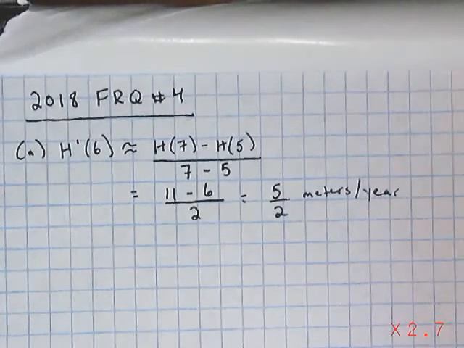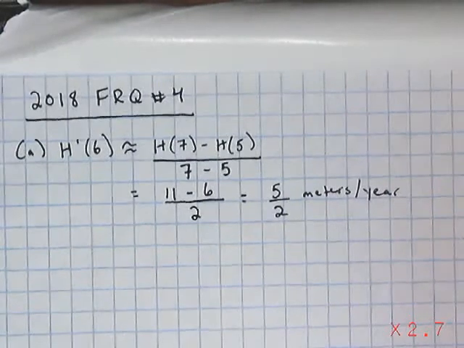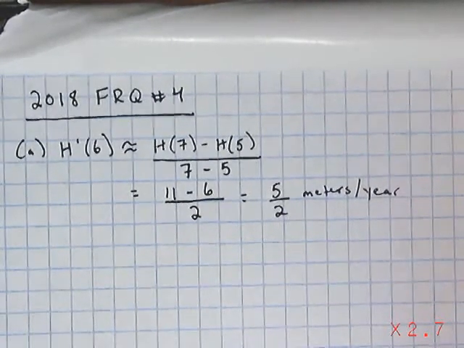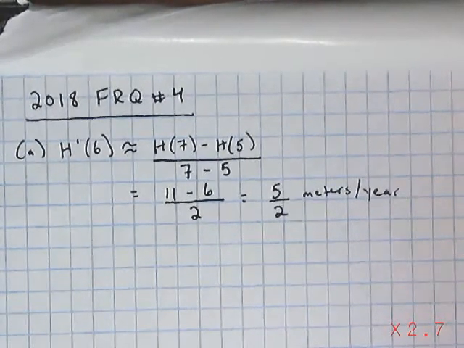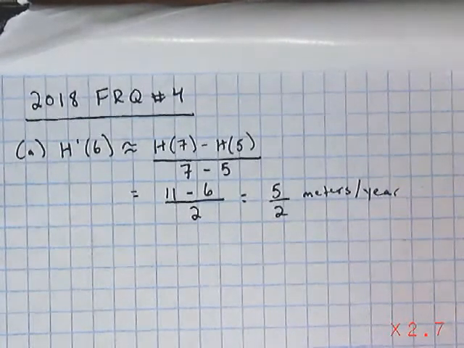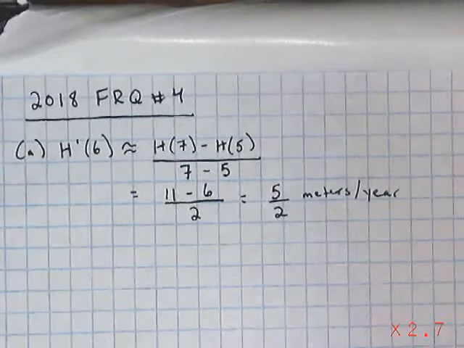But then we also are asked to explain what h prime of 6 means in the context of the problem. And so the way that the solution manual is written, you actually don't need to have the right answer to get the point for the interpretation.